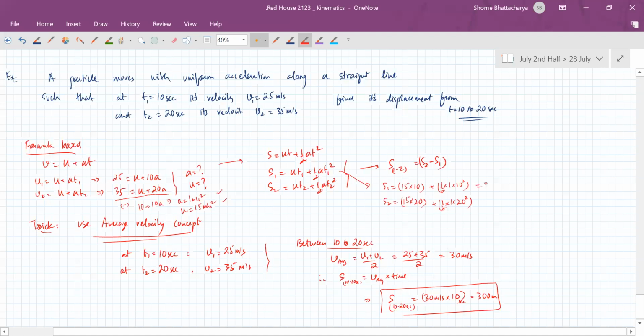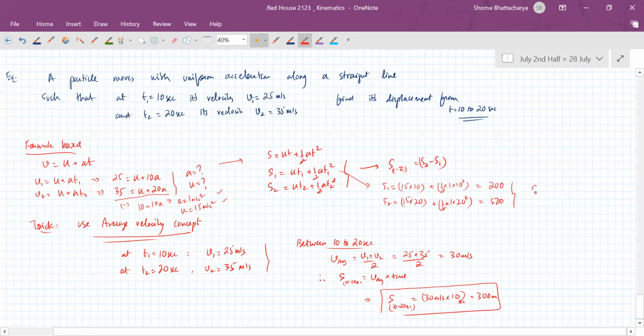So that will give us 150 plus 50, that's 200. And this will give us 300 plus 100, so 400... oh, 500. 400 by 2 is 200, so that gives us 500.